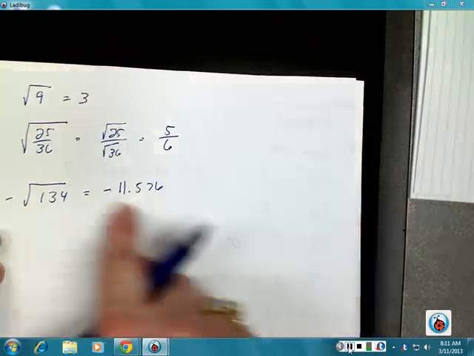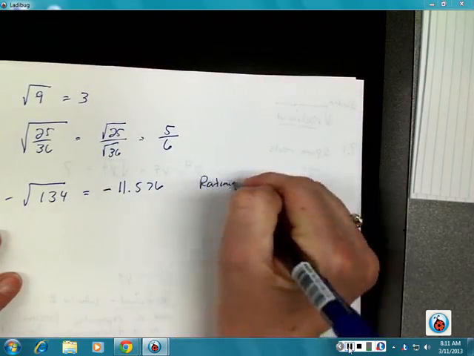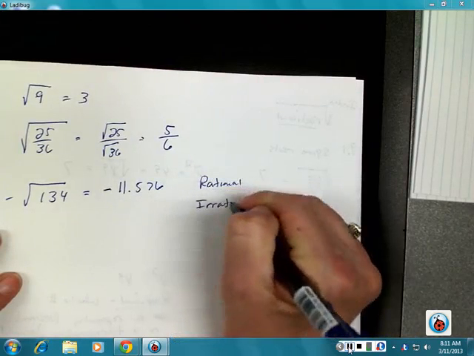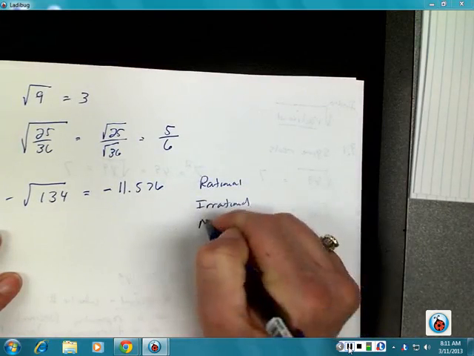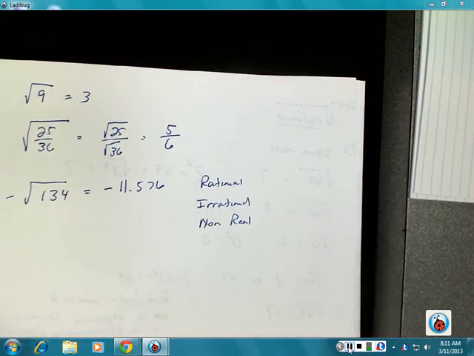Okay. Now, if we have that on our calculator, and Hawks has a habit of putting next to some of these, once we get our answer worked out, they may put that it's rational, irrational, or non-real. Which one would you put a check mark next to?